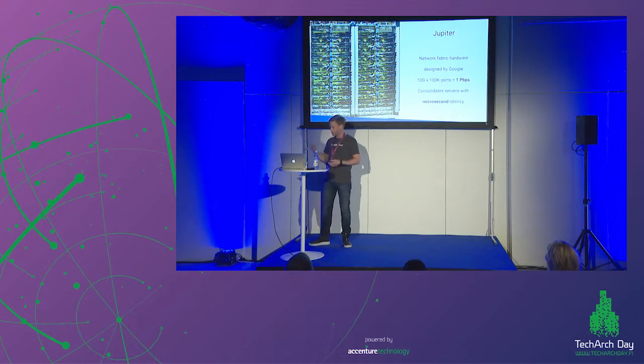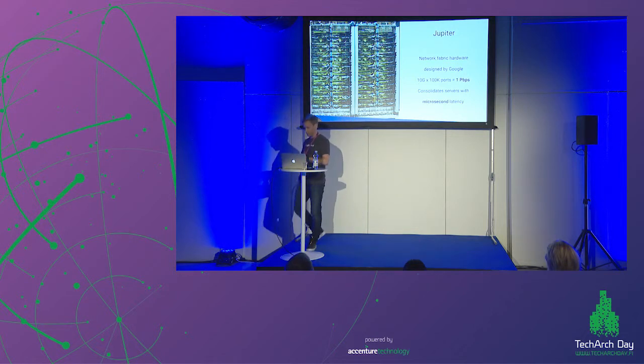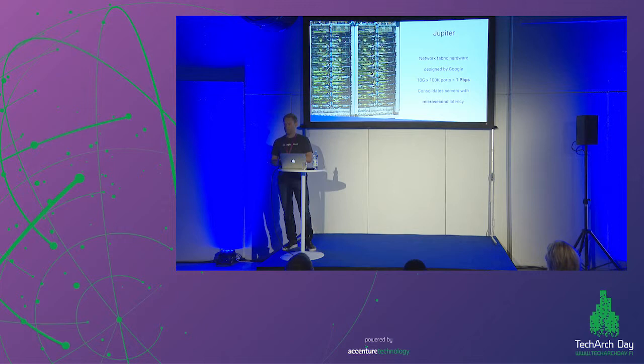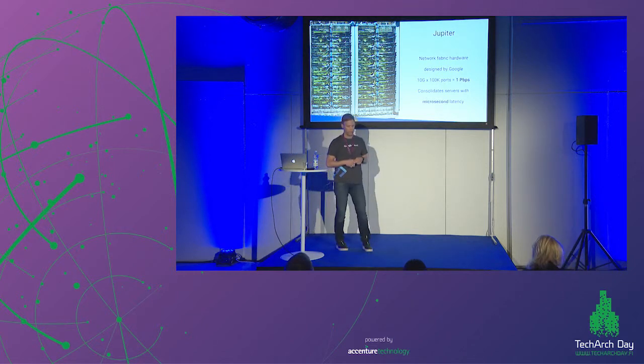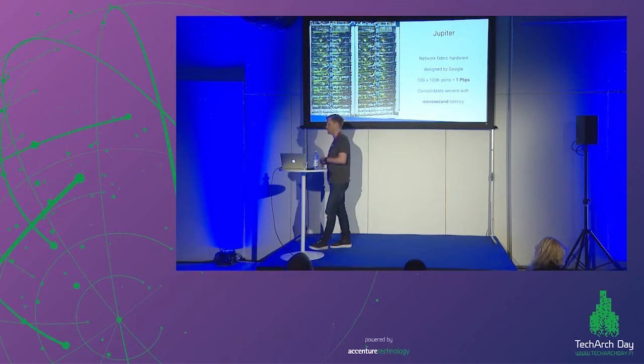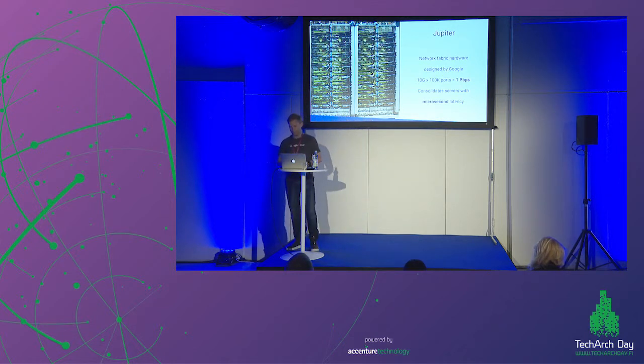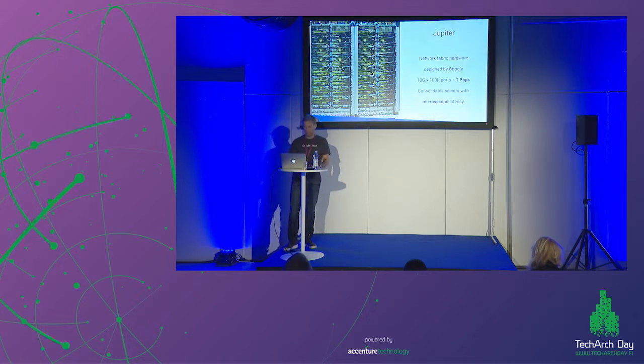Or if you want to put it in the same example as we did before with the Library of Congress, these 100,000 servers would be able to read the Library of Congress in 1/10 of a second. That's how fast this network is. And this is basically one of the really unique selling points with Google Cloud, if you ask me.